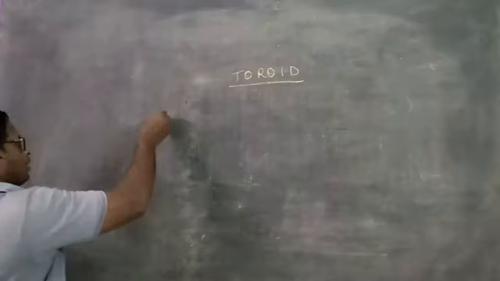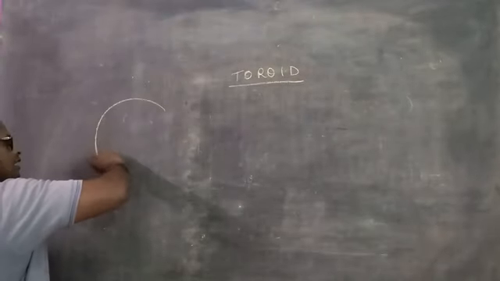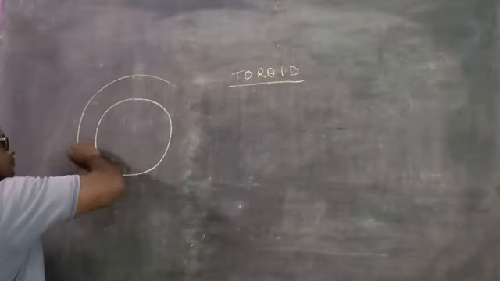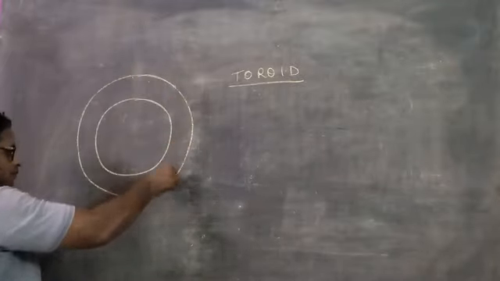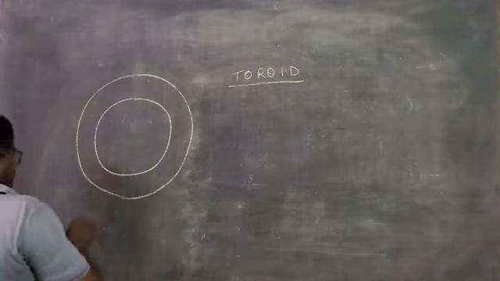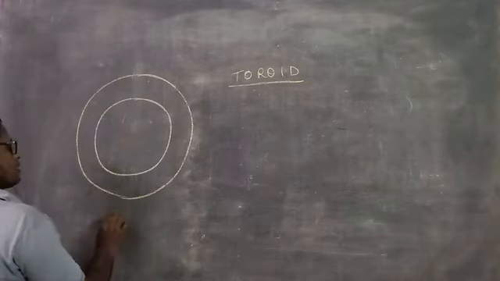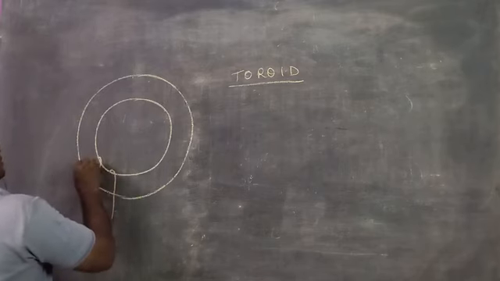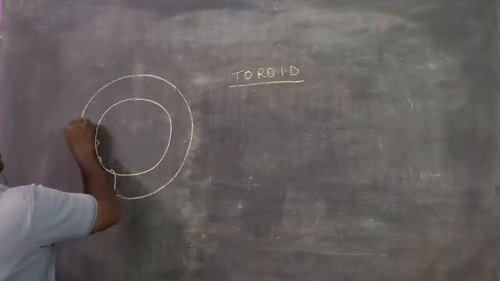How can you draw the toroid? You can draw like this. The power supply wire is given like this.